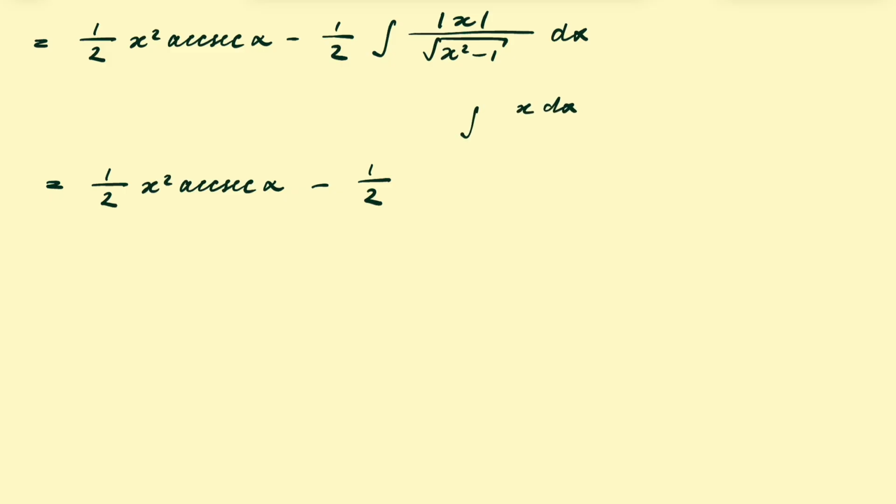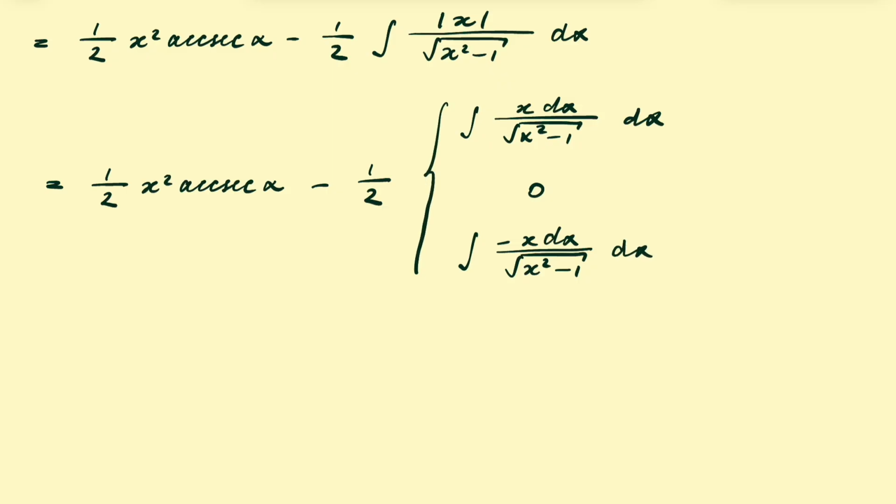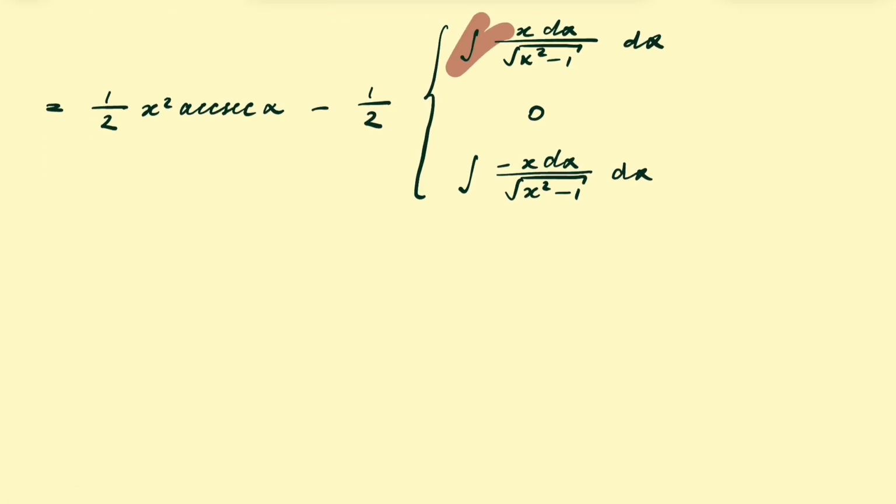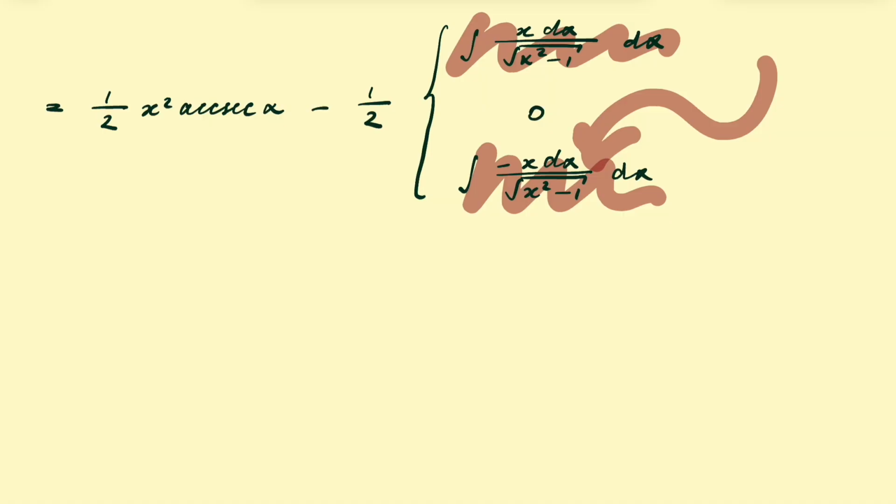The integral of x dx over the square root of x squared minus 1, 0, and minus the integral of x dx over the square root of x squared minus 1. Alright, so basically these two are the same things, except this one being with the minus sign.